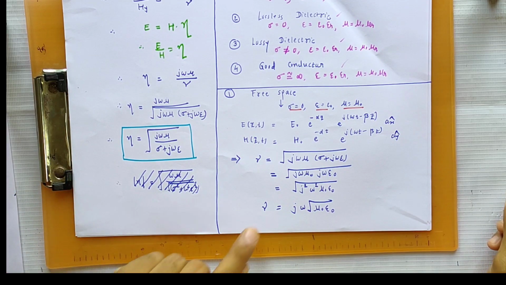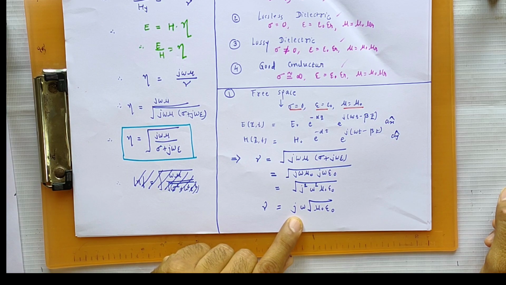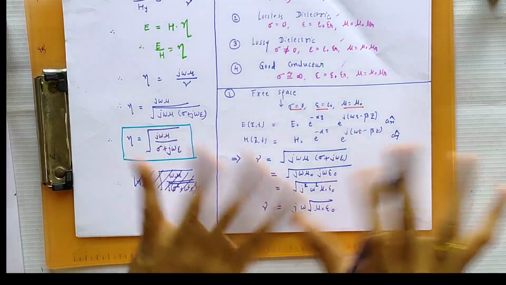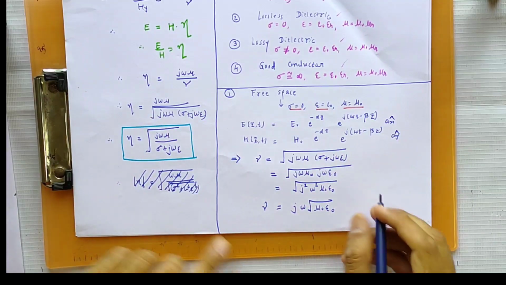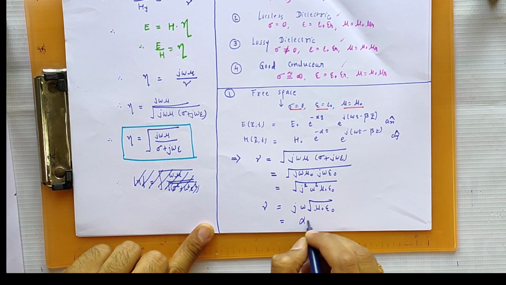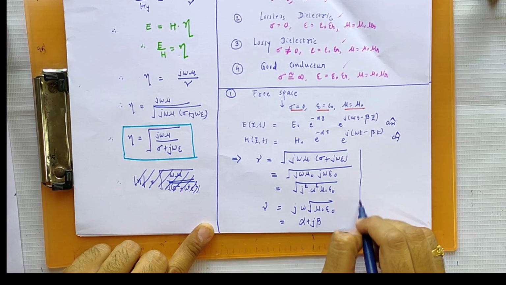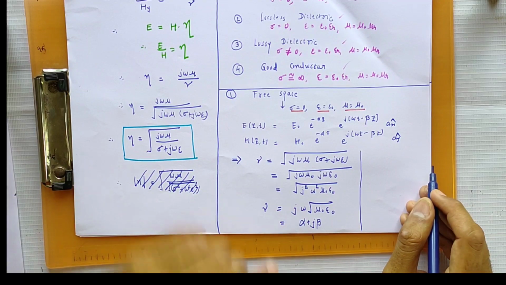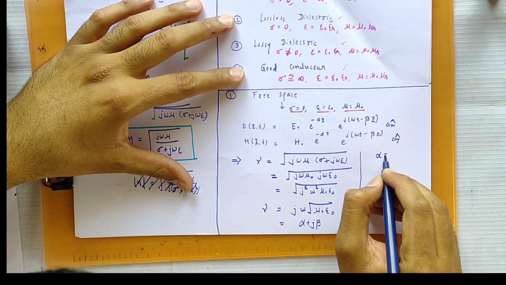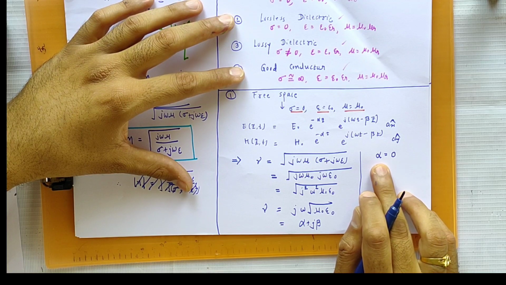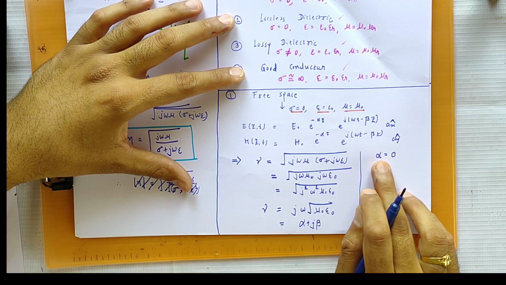So this propagation constant has only which part? The imaginary part. So the real part is totally 0. I have to compare it with alpha plus j beta. So here alpha is equal to 0. Alpha is 0, which indicates the attenuation of my electromagnetic wave is 0.